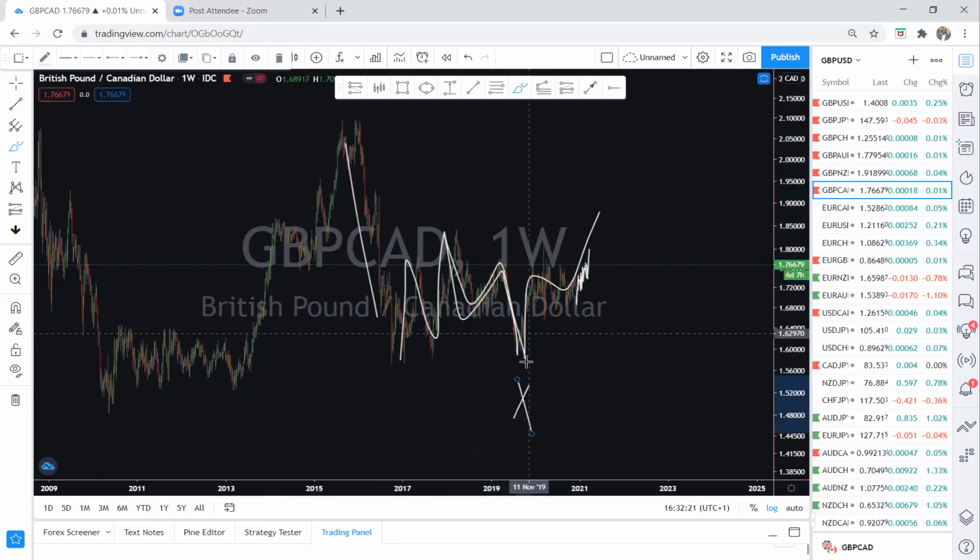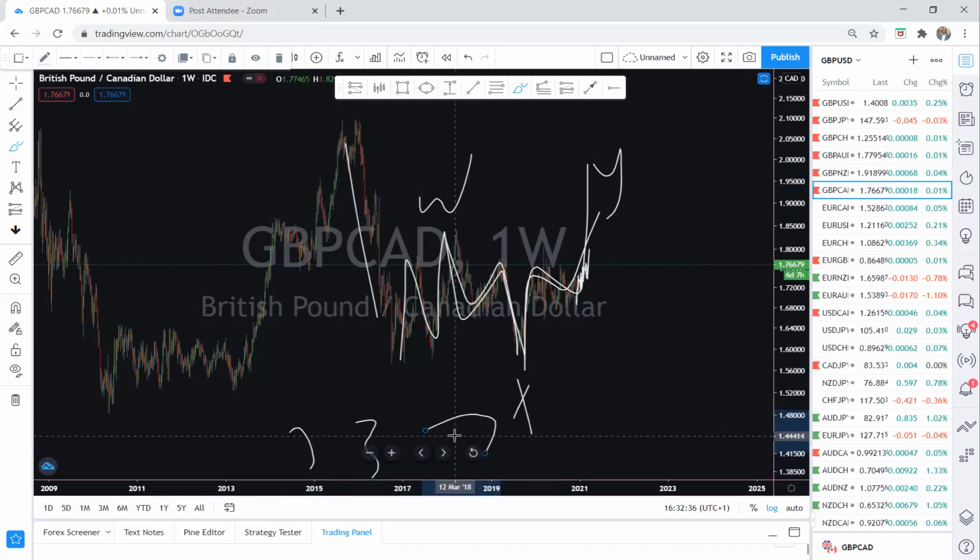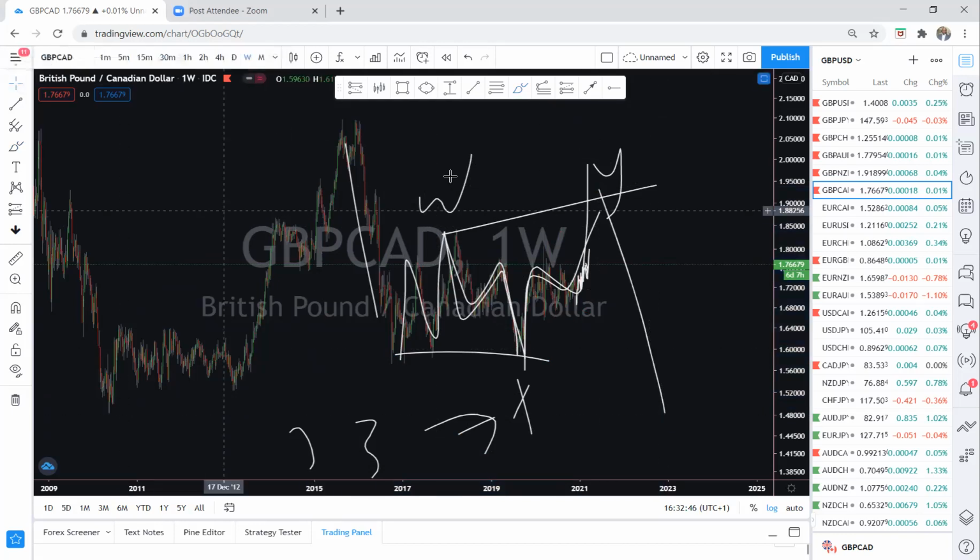When another one happens in the opposite direction of the impulse, it is what? Y. Remember, we have named this one W. So this becomes a 3-3-3 structure, and it's called WXY. From here, you can have a push to the downside. So wait for a decent 4 hours correction in GBP card for you to buy.